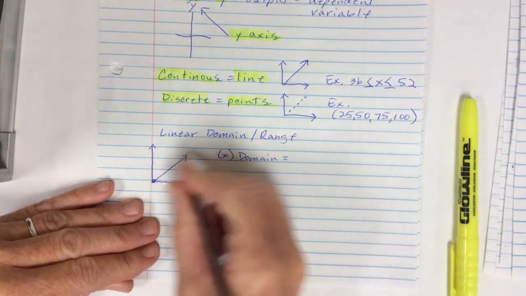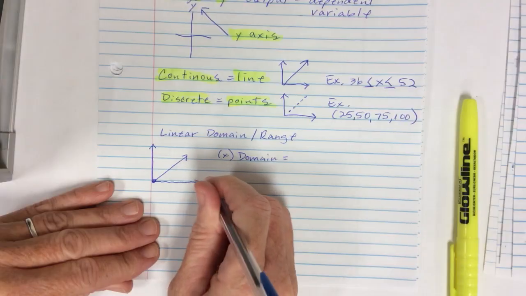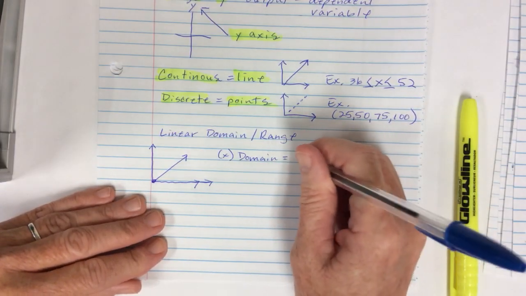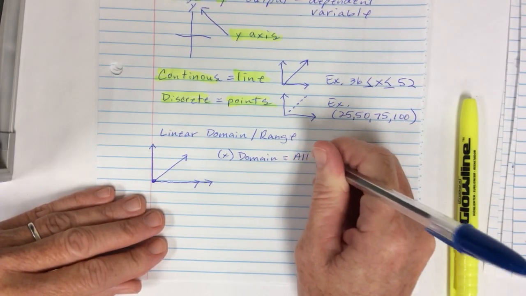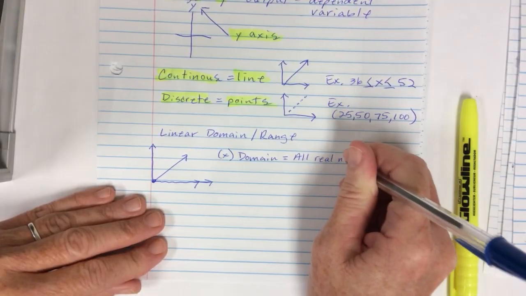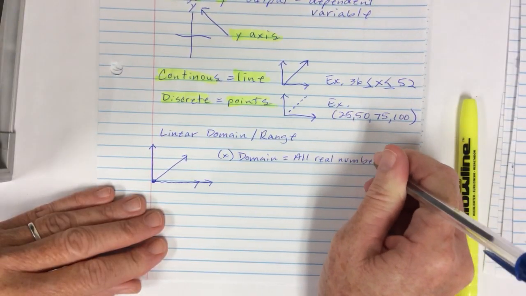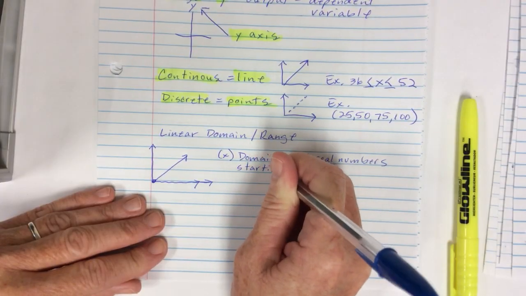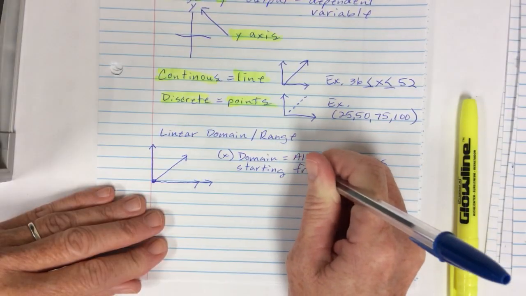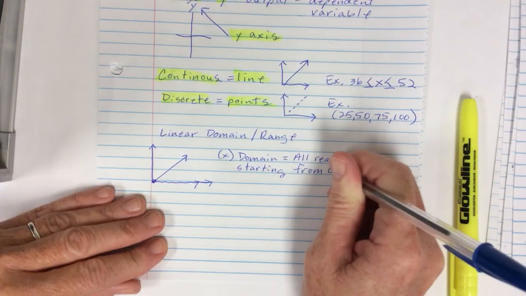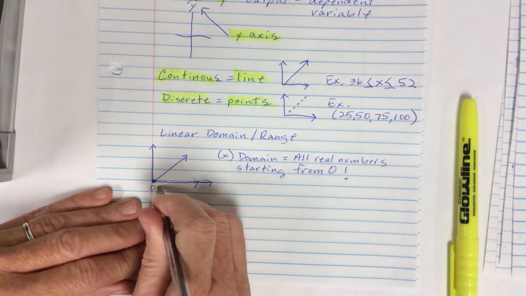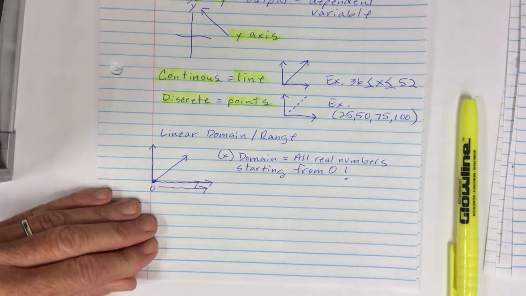And in this example, since this keeps going on forever, the domain would equal all real numbers starting from 0, because this is 0 and it includes all the numbers going that way.